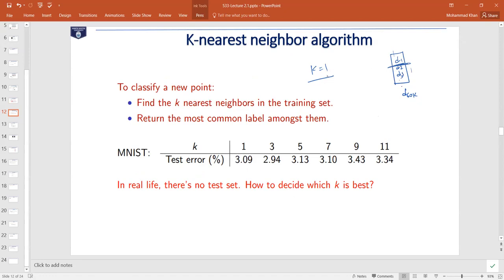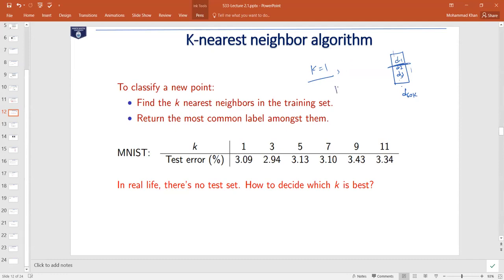K equals 1 means we are considering only the nearest one neighbor. Now we can change K to any odd number and then take a majority vote. We are taking odd numbers because we don't want any tie in the voting process.